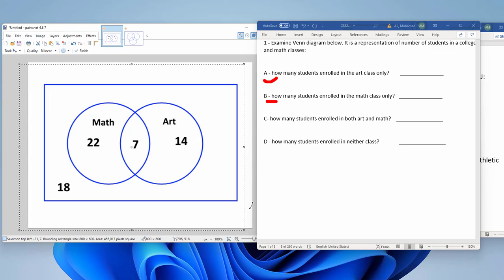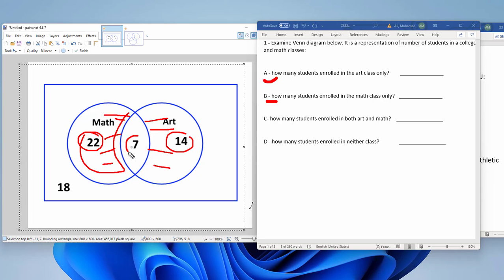To answer these questions, you have to really understand the layout. If you look at this Venn diagram, this area, starting from the edge all the way here, represents students who are in math only. This area represents students who are in art classes only.